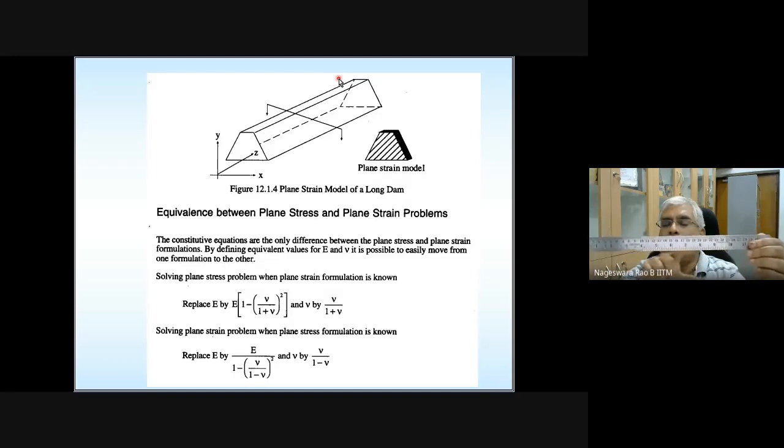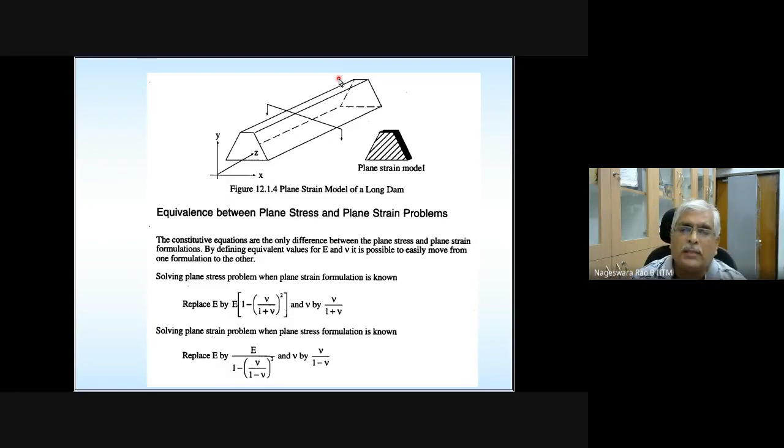Now, if the load is applied in the plane, that is what is plane stress. But suppose the load is applied like this in this direction, then you can analyze only that small rectangle having width as one dimension and thickness as another dimension, and the load is same everywhere. So you can use that load, and that is what is the plane strain case.